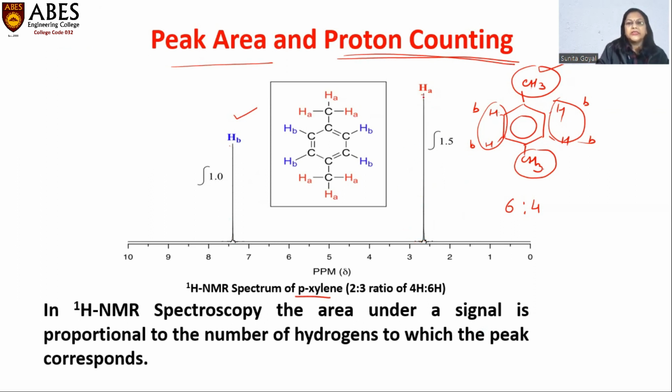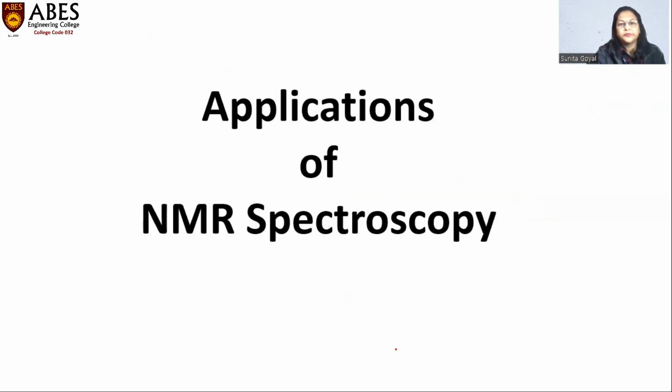The Ha peak is larger than Hb, and the ratio of their height is 1:1.5. This is because there are 6 protons of one type and 4 protons of the other type. So through 1H NMR spectroscopy, the area under a signal is proportional to the number of hydrogens to which the peak corresponds.